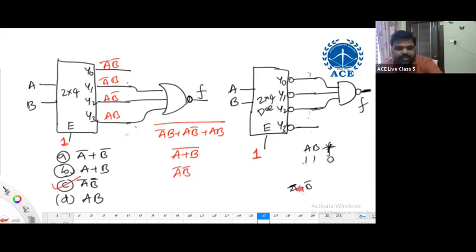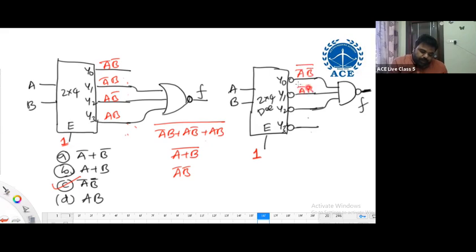If you are not accepting this, go with simplification. What is it here? One by one, if you are writing output expression, A bar B bar whole bar, A bar B whole bar, A B bar whole bar, A B whole bar. Then take NAND of this. A bar B bar whole bar and A bar B whole bar and A B bar whole bar, and again bar NANDing.